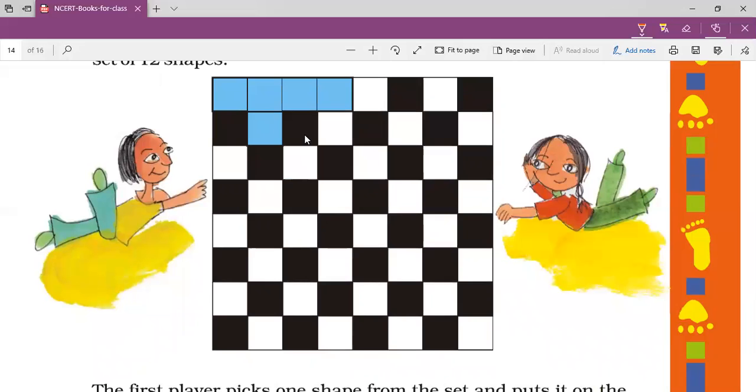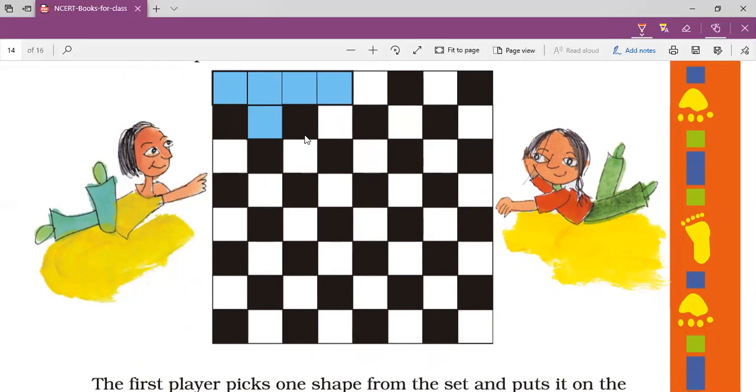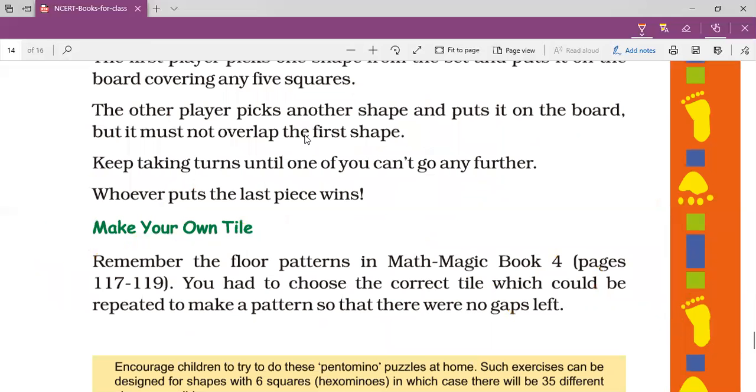One, ask him to play first, or you can play first and ask them when his turn is finished, you put another shape and then continue the game, and fill the whole chessboard play area and form a rectangle in that. So let's see what they are saying.